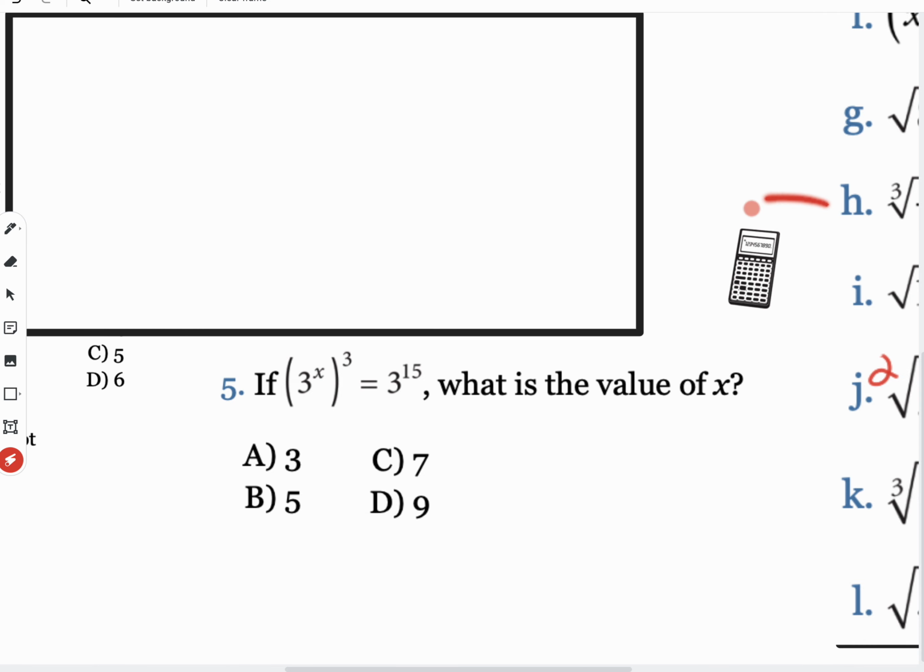Do take note, this is calculator allowed. This is what the symbol means. The calculator symbol means that this section would allow the use of a calculator. Let's write that down. 3 to the 3x power.